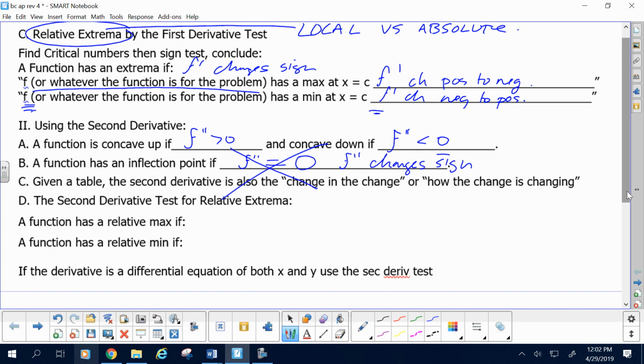It is sometimes the case on a multiple choice problem that you have to gather information about the second derivative from a table.